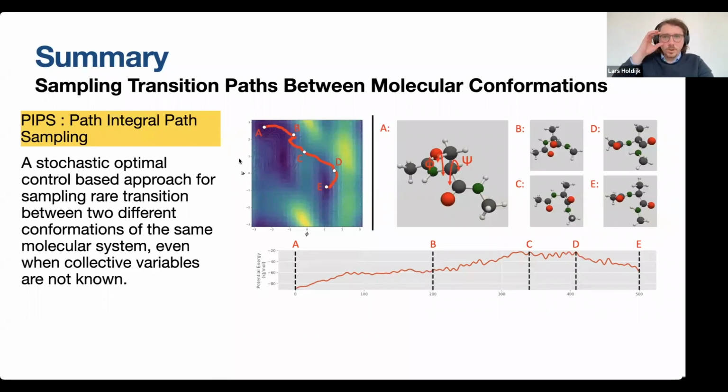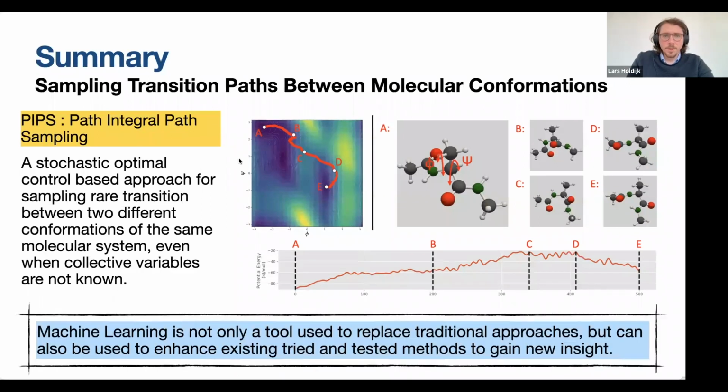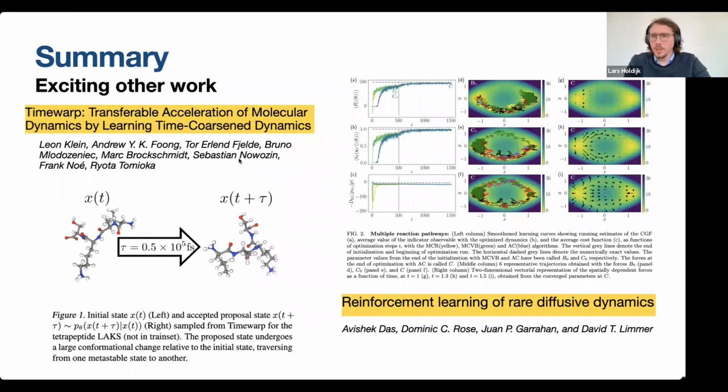Before I close off, I thought I would give two more pointers to what I would consider very interesting work in this area, which also goes beyond the standard machine learning research on molecules. One was, I think, presented last week in another reading group.